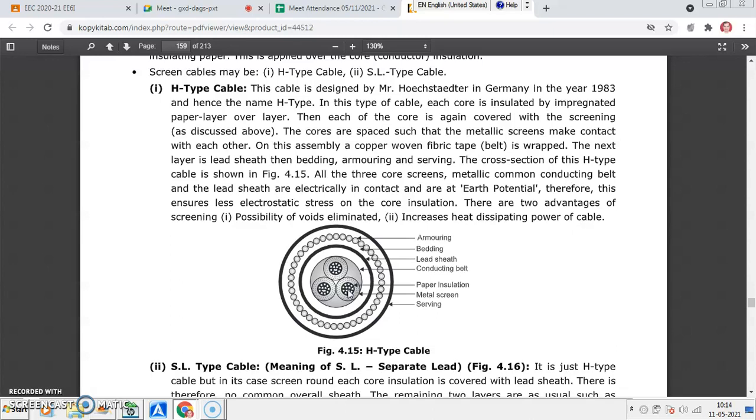And then it is covered with a lead sheath. In this metallic common conducting belt, as shown in this figure, the 3-core screens, the metallic common conducting belt and the lead sheath are electrically in contact at earth potential. That is very important. What I told you, all 3-core screens are provided.